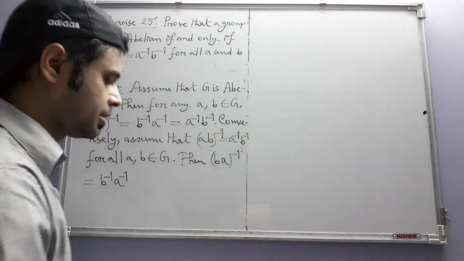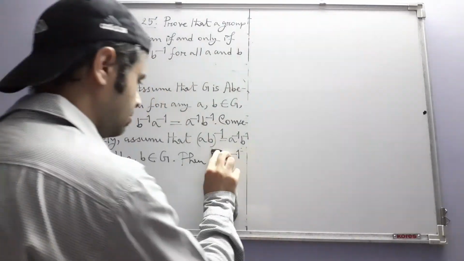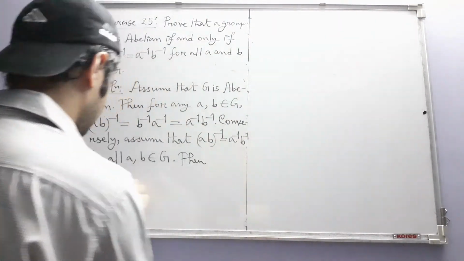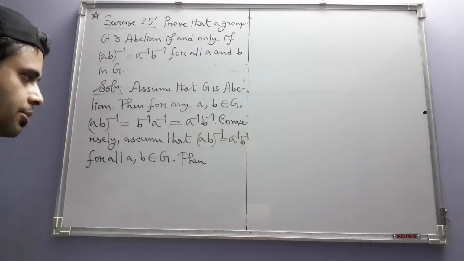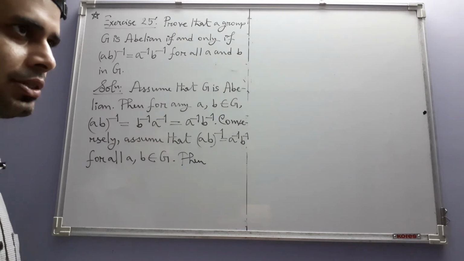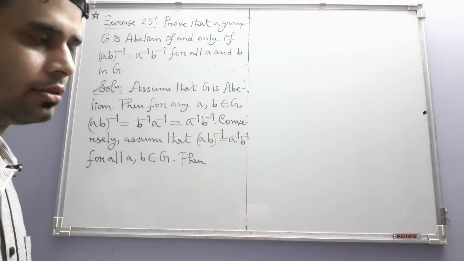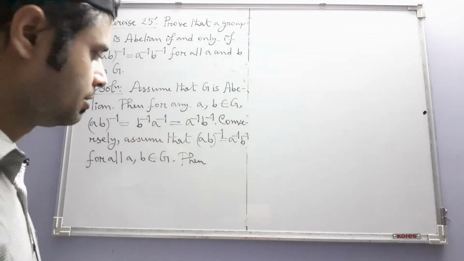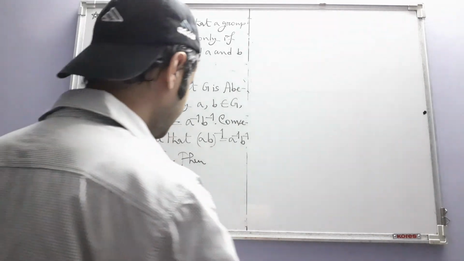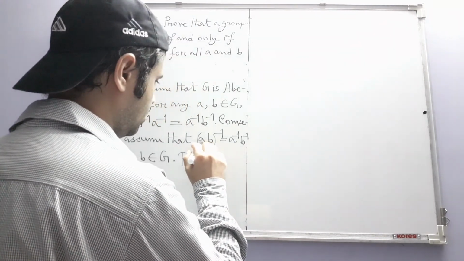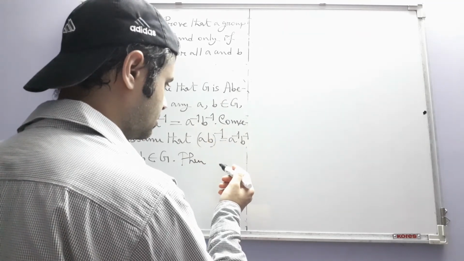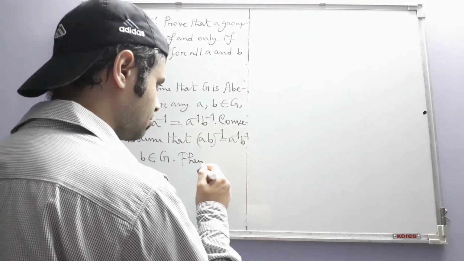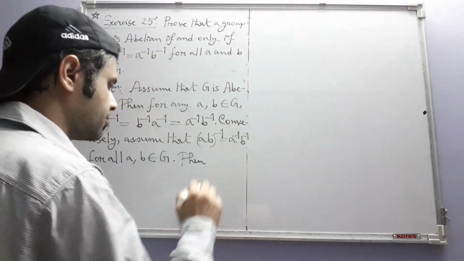What will be the most efficient way of writing it? Sometimes what happens is that if what you are trying to prove is somewhat really easy, you will confuse yourself. I think that is happening to me right now. (AB) whole inverse is B inverse A inverse by definition, but that is also equal to, okay.